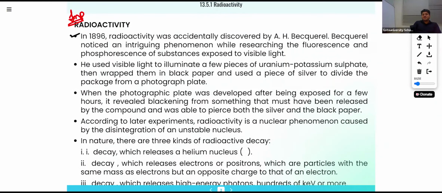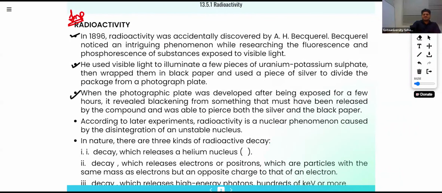He used visible light to illuminate a few pieces of uranium potassium sulfate, then wrapped them in black paper and used a piece of silver to divide the package from the photographic plate. When the photographic plate was developed, it showed that rays must have been released by the compound and were able to pierce both the silver and the black paper.